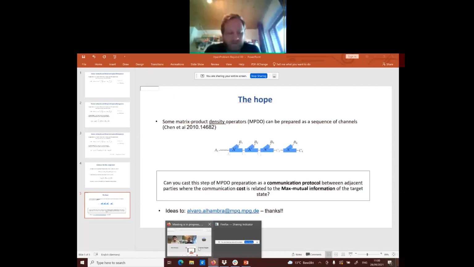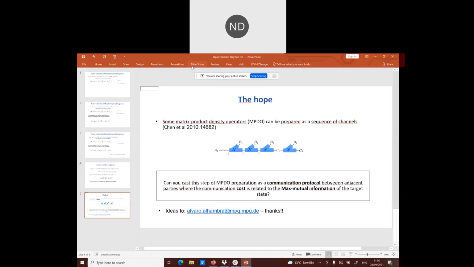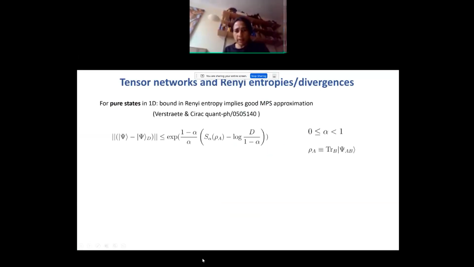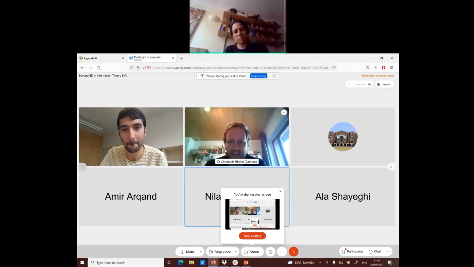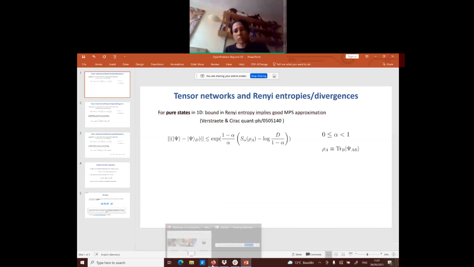Hi, Alvaro. It's Nilanjana here. Just a question on the very first inequality that you showed with the pure states. I've not seen this before, so is it evident what the optimal alpha is on the right-hand side? So the point is that whenever you have a particular state, on this side here, presumably you can calculate the entanglement entropy for some alpha, and then this alpha is the one you plug into the expression.